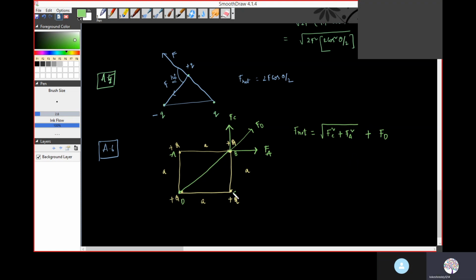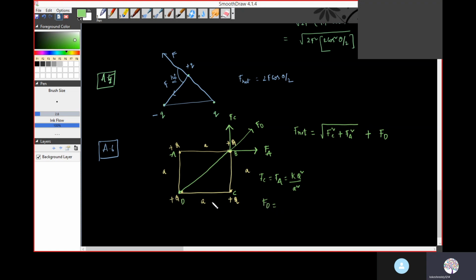And you have to remember that FC and FA will be same actually. FC is equal to FA magnitude wise. That is KQ square by A square. But whereas this FD will be different.